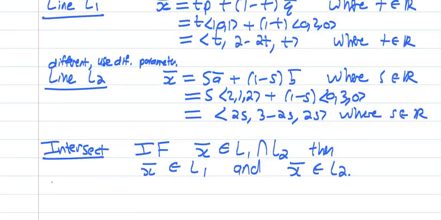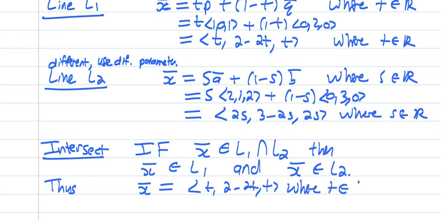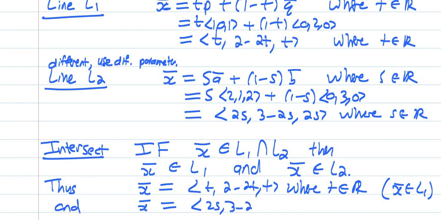All right. So thus, x is equal to (t, 2 minus 2t, t), where t is a real number. Why? Because x is sitting on line 1. And x is of the form (2s, 3 minus 2s, 2s), where s is a real number.